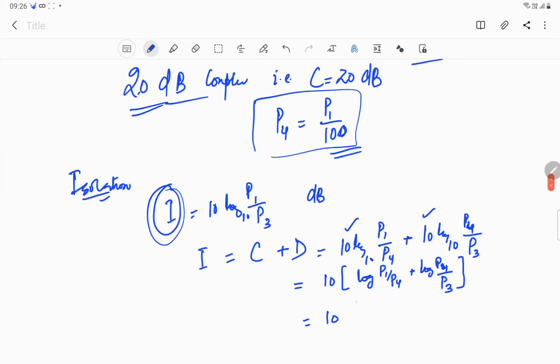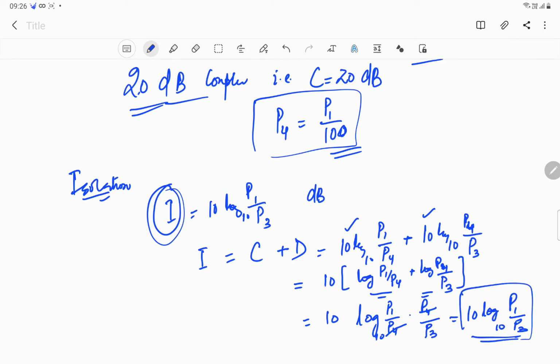Since log m plus log n is log mn, this is log of P1 upon P4 into P4 upon P3. So P4 cancels, and it is 10 log 10 P1 upon P3. Now if we look at the definition of isolation, isolation is also 10 log 10 P1 upon P3. So we have proved that isolation is coupling plus directivity.